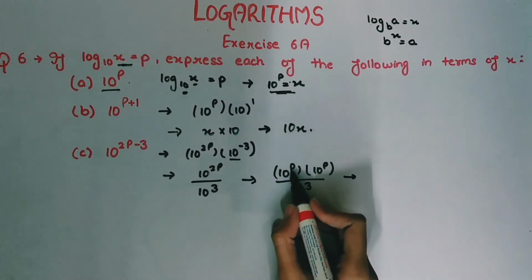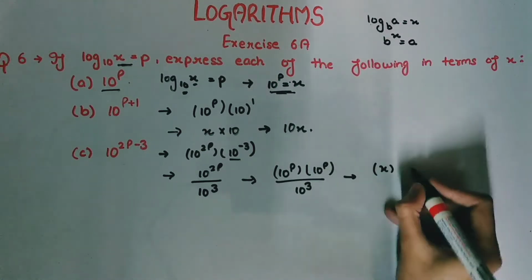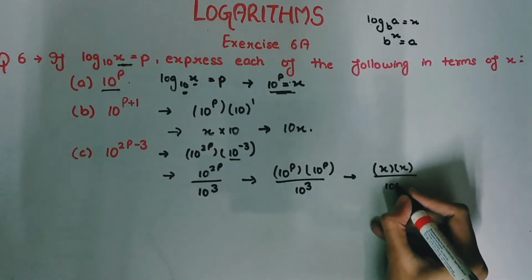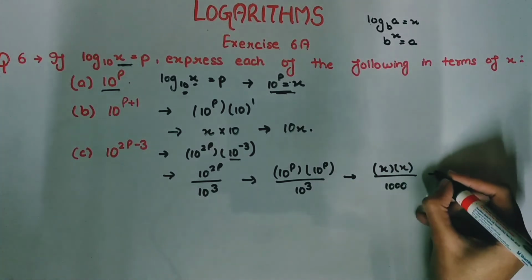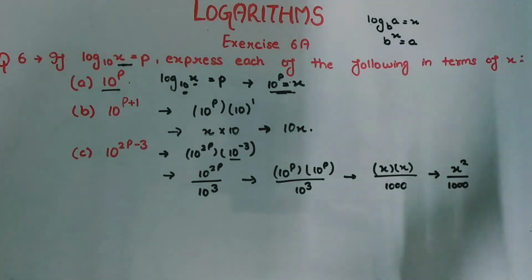We know that 10 raised to power p is equal to x, so it is x multiplied by x divided by 10 raised to power 3, which is 1000. So this is x squared divided by 1000.